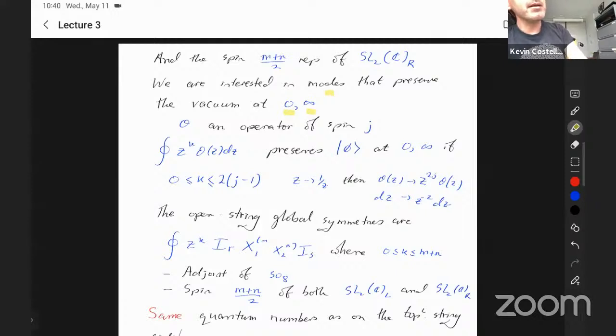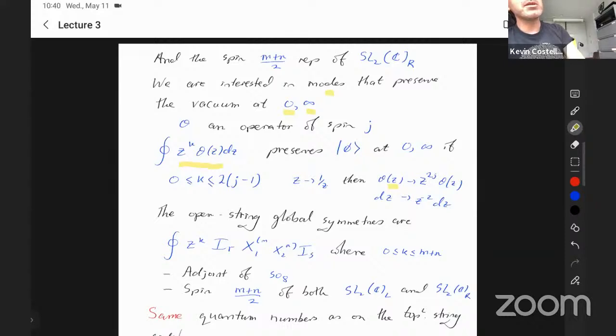So how is this defined? If I take the contour integral of some operator, some mode, you ask, when does this preserve the vacuum at 0? For that, you need k to be non-negative, because if k was negative, then when I hit the vacuum at 0, I'm going to get some derivative of my operator. And then you ask, does it preserve the vacuum at infinity? Well, we change coordinates, z goes to 1 over z, and I pick up some powers of z from the way the operator transforms, which is dictated by its spin.